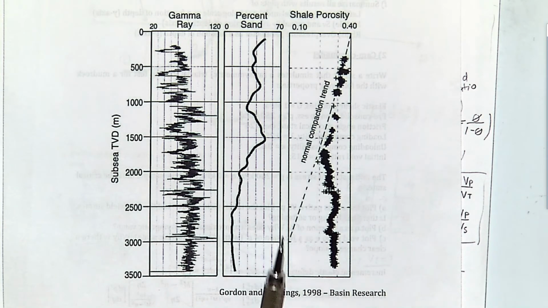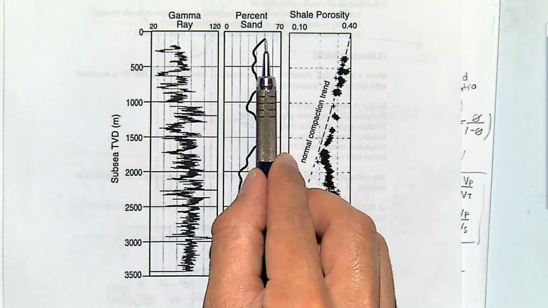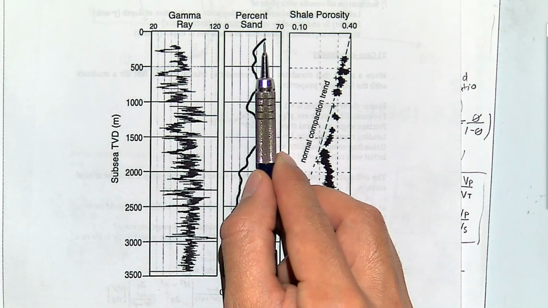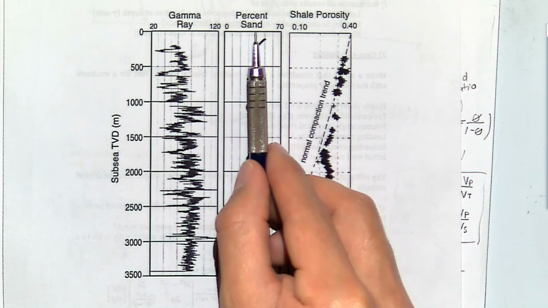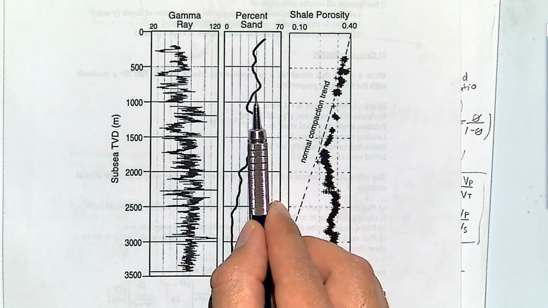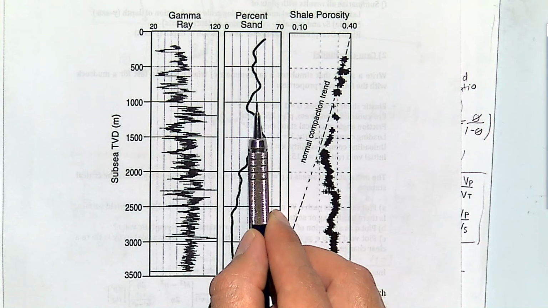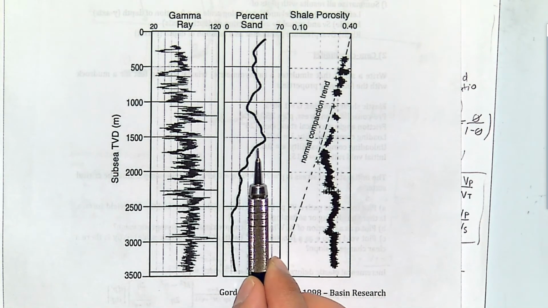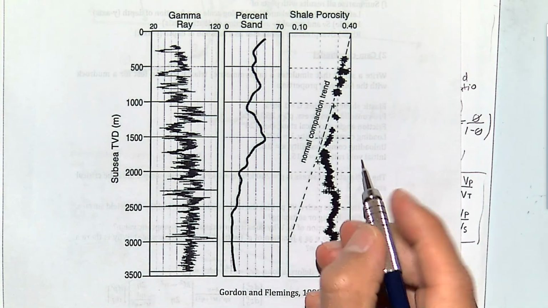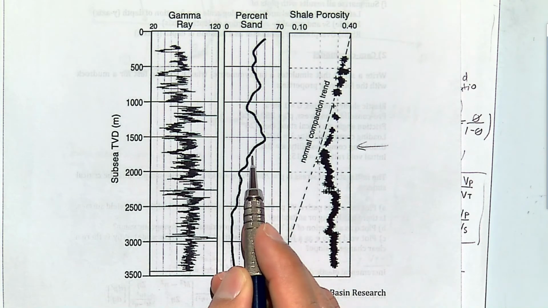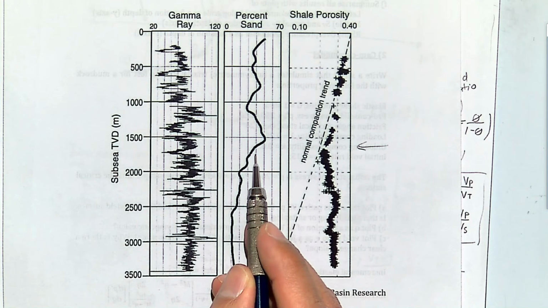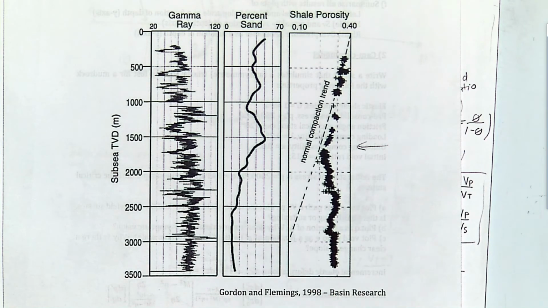So what this means is that in this plot you have about 10, 20, 30, 40, about 40% sand up to this point. Well, let's say up to this point, but at around this depth, your percentage of sand gets a lot less, 30, 20%.